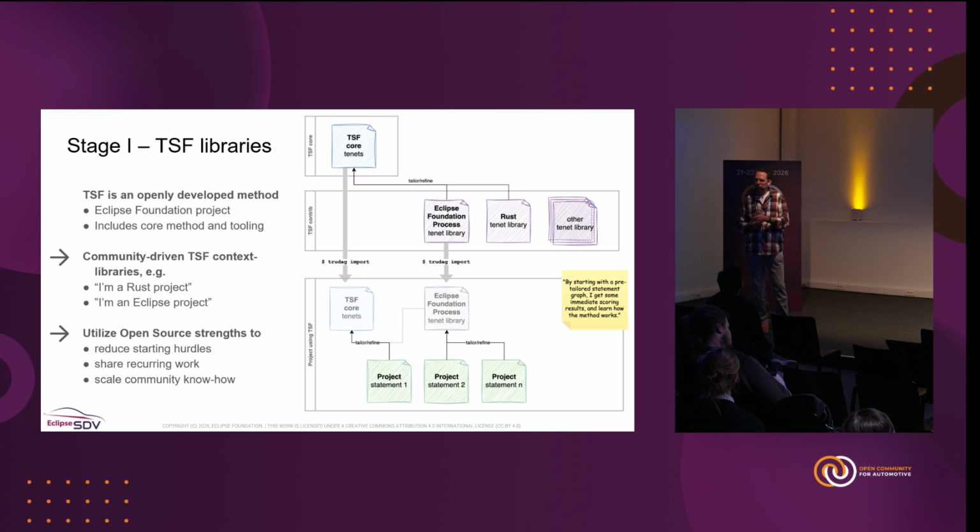So if you're a Rust project, there are a lot of graph nodes that you can reach almost for free, because they all use the same tech stack. Not every Rust project, however, needs to reinvent and redefine the Rust-specific quality goals, right?